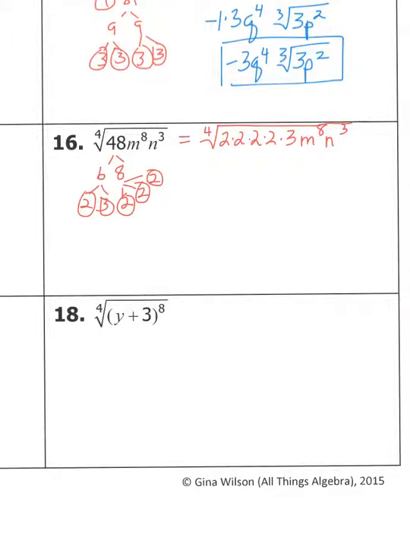So I'm taking groups of 4, so I've got one group of 4, 2 comes out in front, the 3 is left underneath. Divide the 8 by 4, because that's my index. 4 goes in there evenly twice, so I've got 2 m's that come out in front, no m's left underneath. The 3 is not divisible by 4 at all, so no n's come out in front, and all 3 n's will be left underneath.